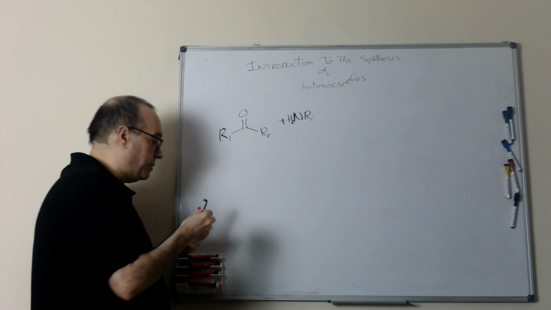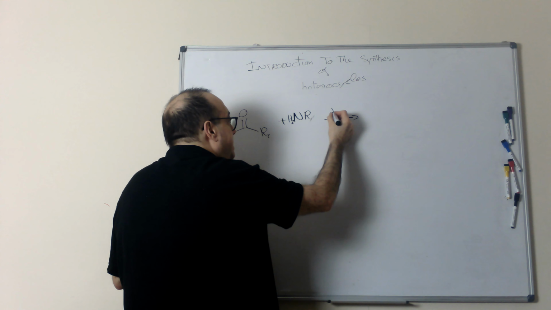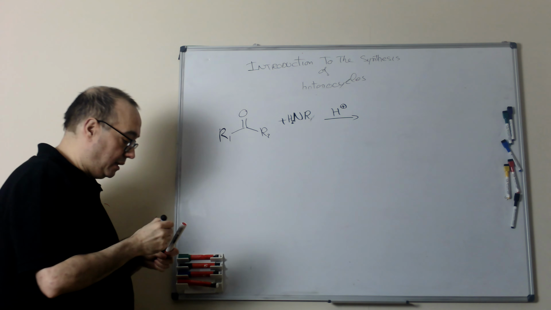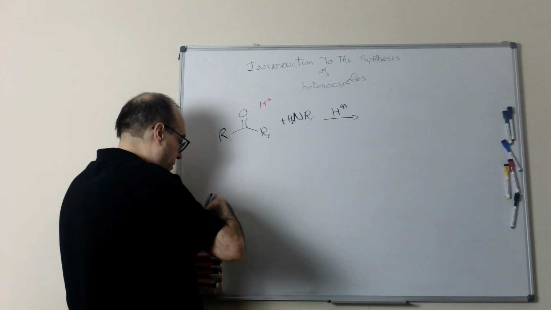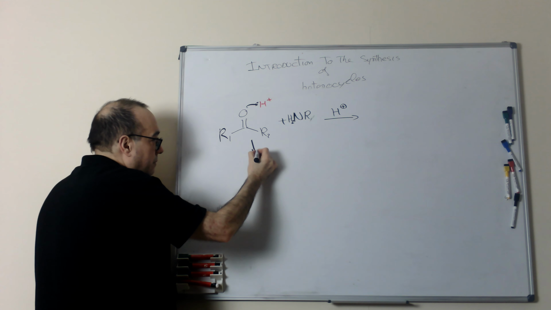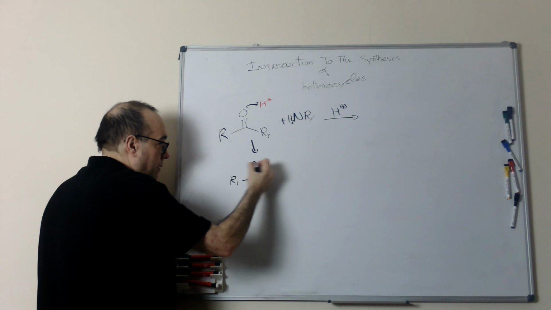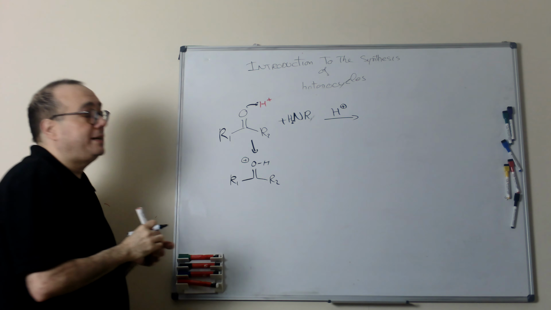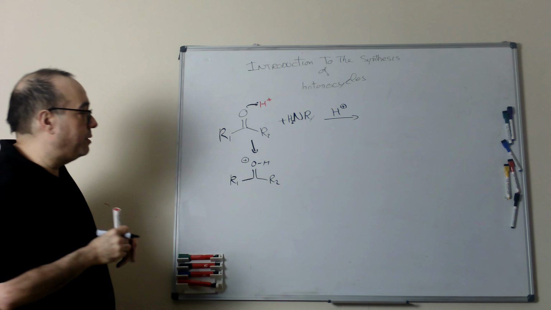Again, it's exactly the same as before. We need to do these reactions with acid media. First step, we protonate the carbonyl group. Why? In order to do the same as before. We want to activate this position, this carbonyl position.